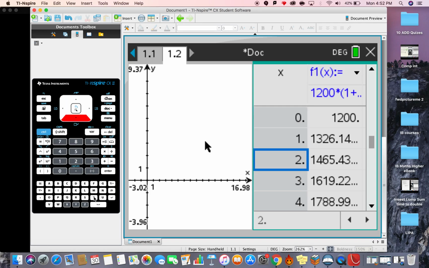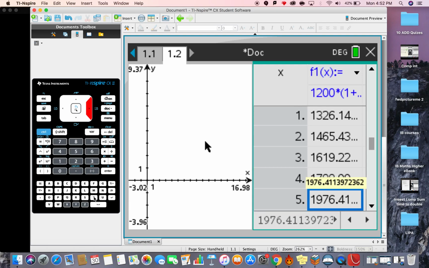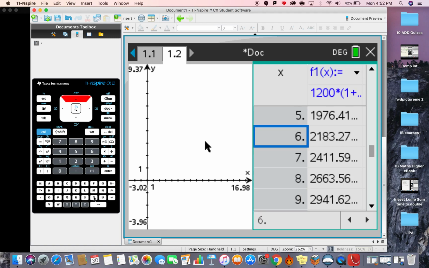These are all the different R values, and in this column are the outputs, the final values. So we scroll down and find when our final value becomes bigger than 2400. You can see it's somewhere between 6% and 7%.